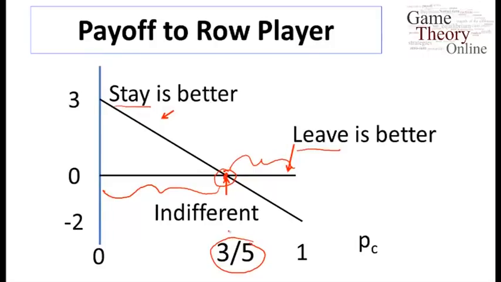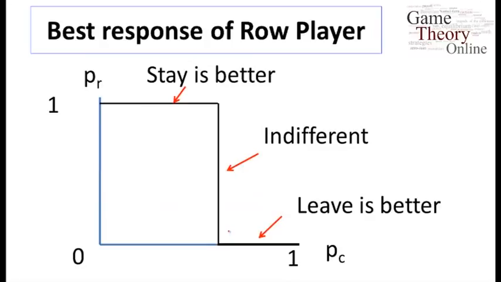So we can represent that in terms of the best response. We put 3/5 here. If we're looking at a mapping as a function of the probability that the column player stays, then the probability that the row player would like to stay is 1 as long as PC is less than 3/5.